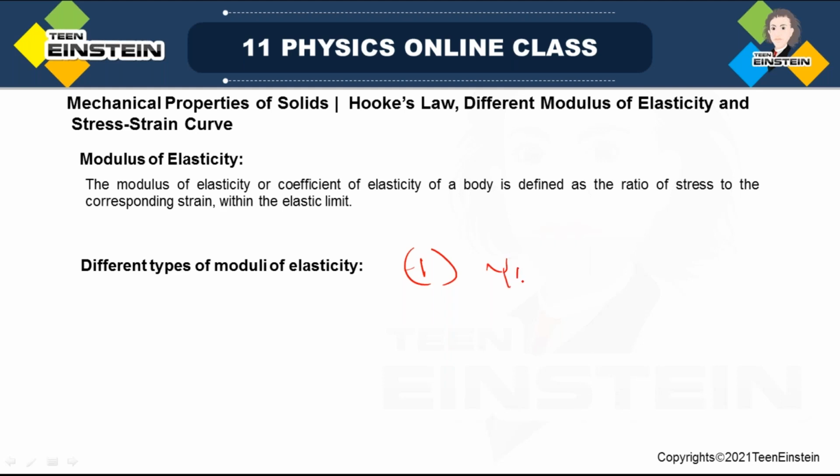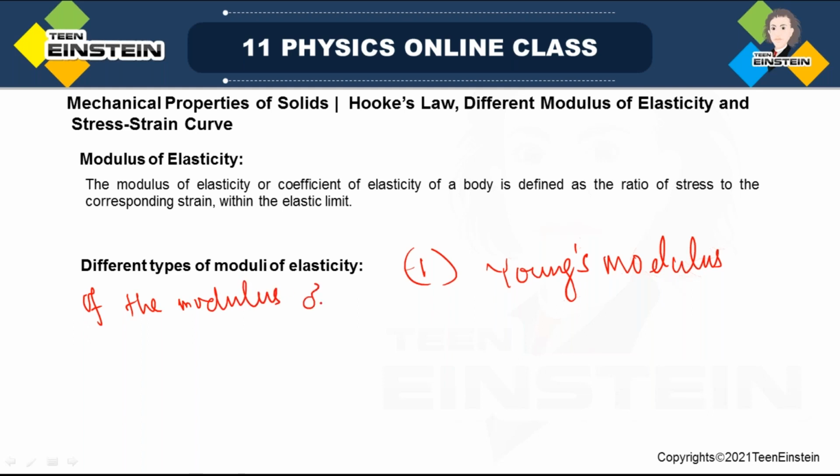One is Young's modulus, or the modulus of elasticity of length. Okay, this is one type.